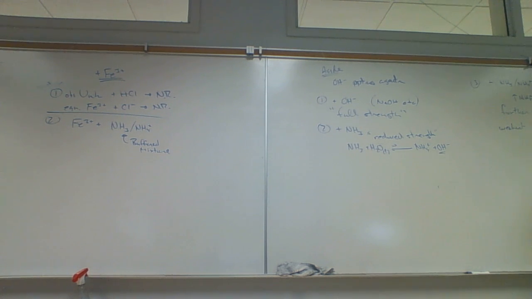We need this weakest one to prevent precipitation of the 2+ cations. What are the 2+ cations?